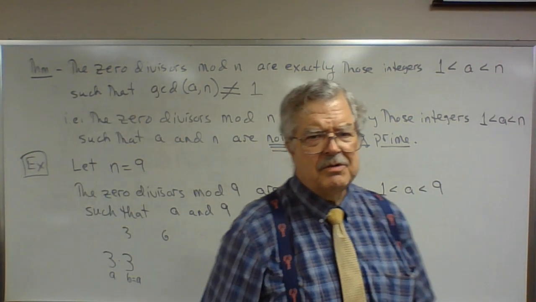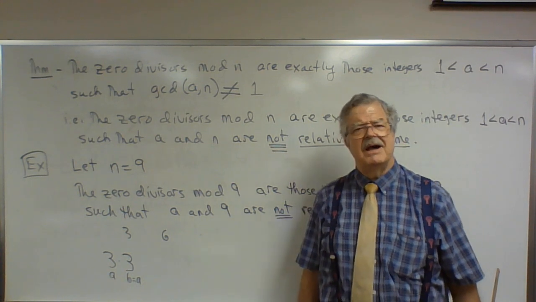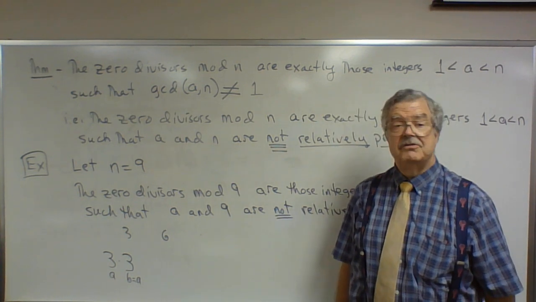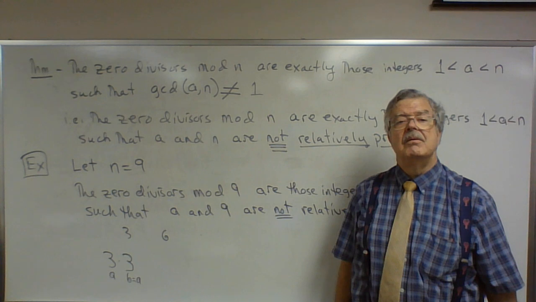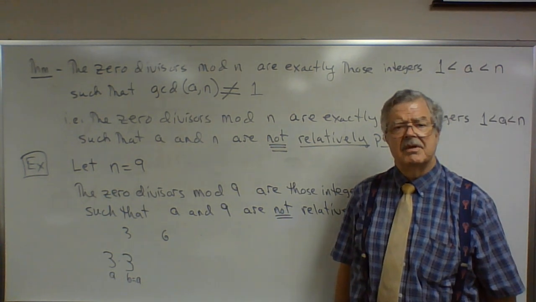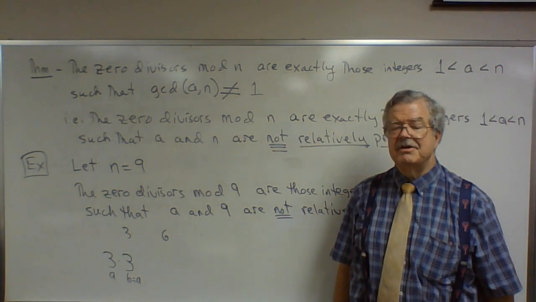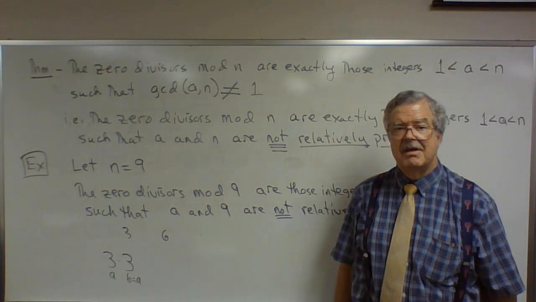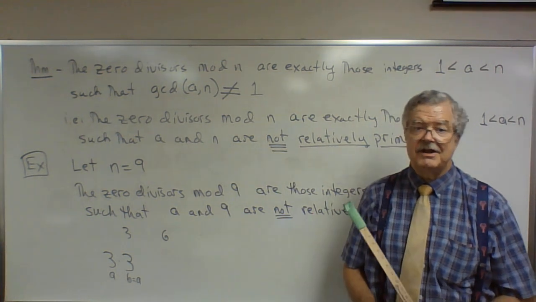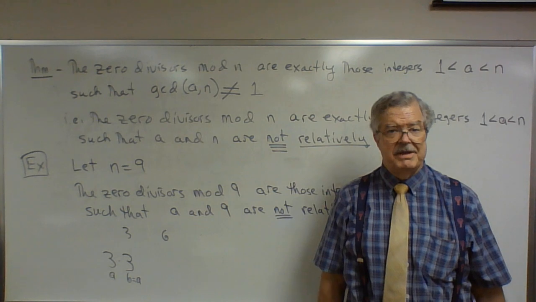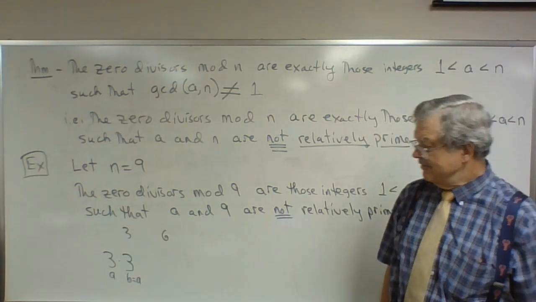Well, what in the world would we multiply 6 by to get 0 mod 9? It has to be another zero divisor, doesn't it? In this case, 6 turns out to be its own complement as a zero divisor.